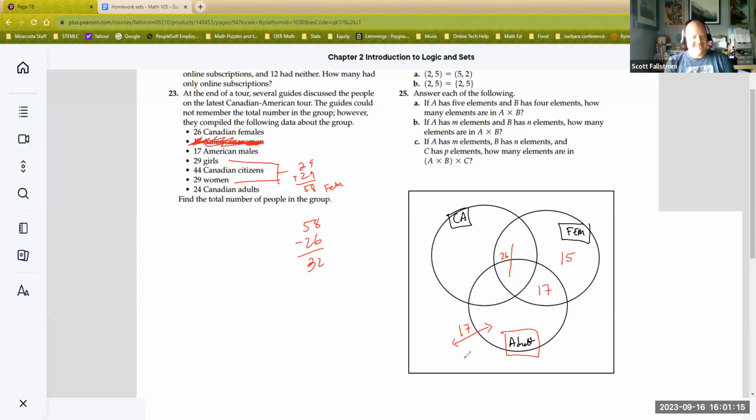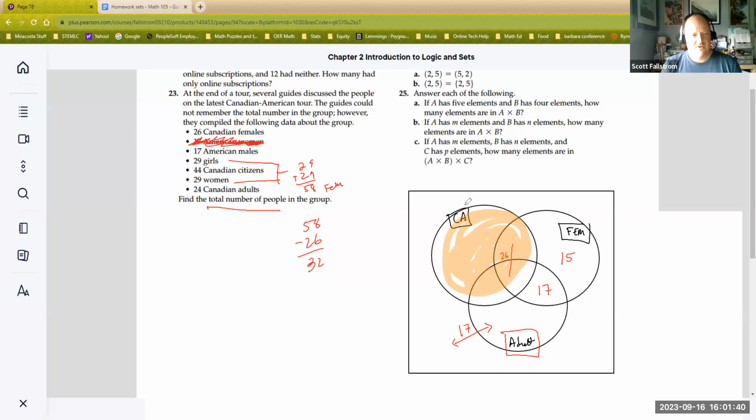44 are Canadian citizens. So there's 44 Canadian citizens. Actually, they're just asking us to find the total number of people in the group. So if there's 44 Canadian citizens, then this entire Canadian piece right here is worth, kind of circle all of it there, right?